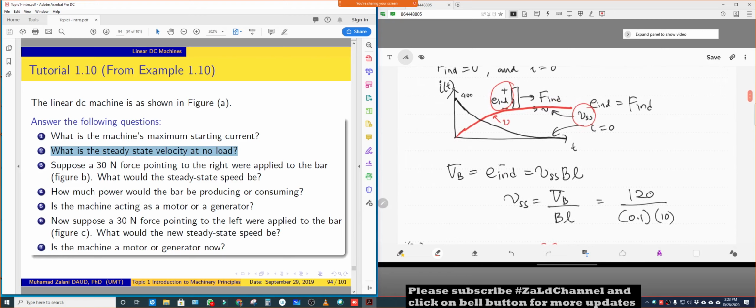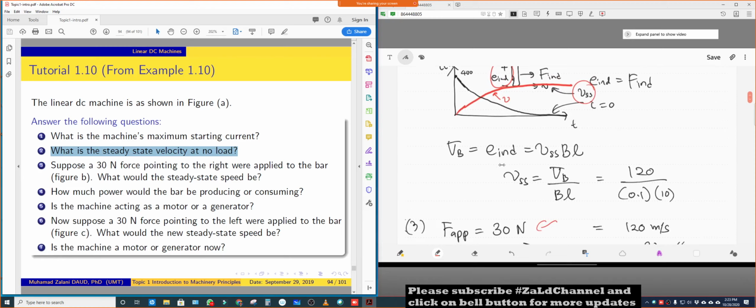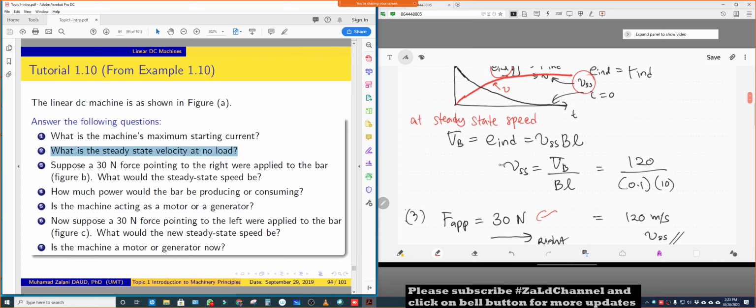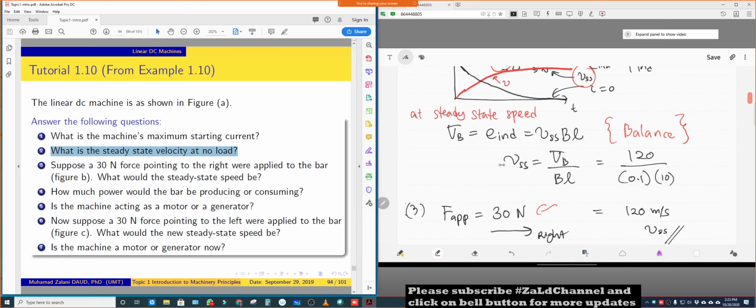So we know that at steady state speed, it achieves the state of equilibrium, which is balance, meaning that VB now equals the induced voltage. So VB equals the induced voltage, meaning that we have VB here.